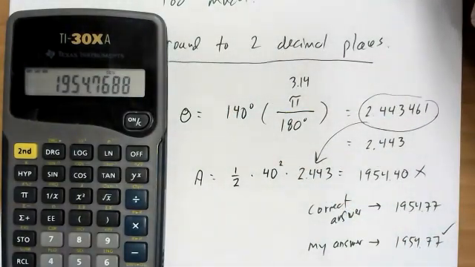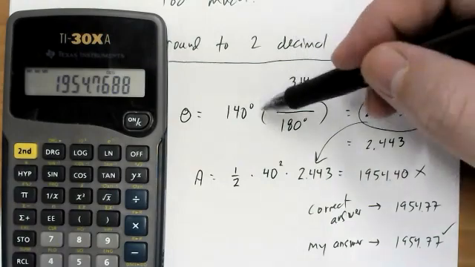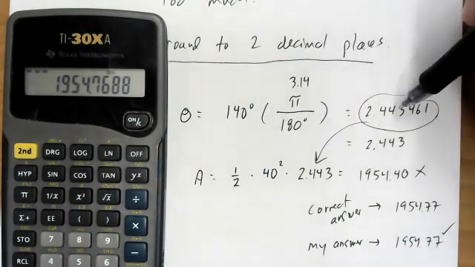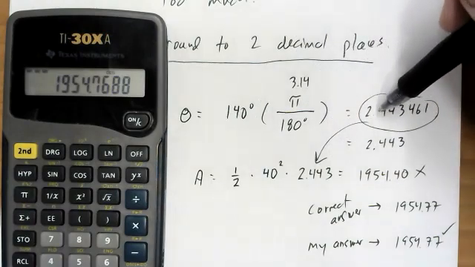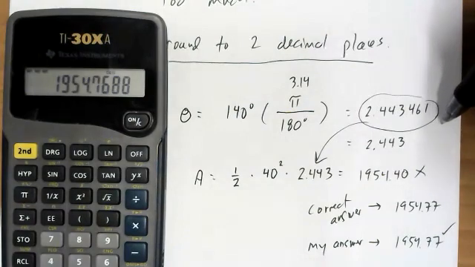So the lesson is, when you're doing some of these problems where they're asking you for like 2 or 3 decimal places, as you have intermediate calculations, you have to either let your calculator save this whole number, or if you need to re-enter this number, you need to save like 5 or 6 decimal places. Because if you start cutting off these decimal numbers too soon, by the time you get to your final answer, it's probably going to be wrong.